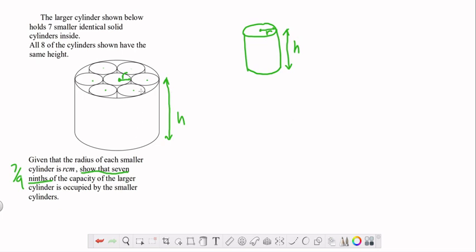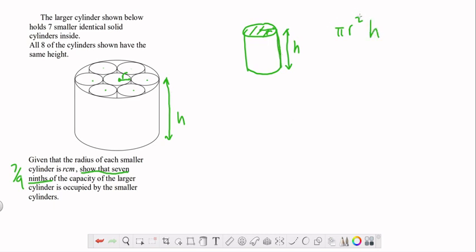What I'm going to do is work out the volume of one little cylinder. Obviously this is a prism, so the cross-sectional area, this bit there, is a circle, so it's going to be pi r squared, multiplied by the length of the prism, or the length of the cylinder, which is h.